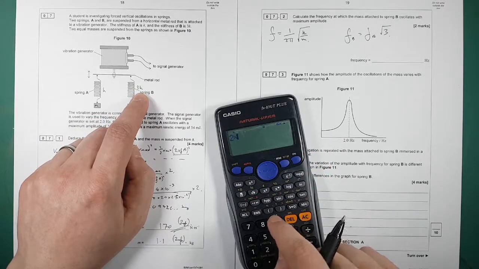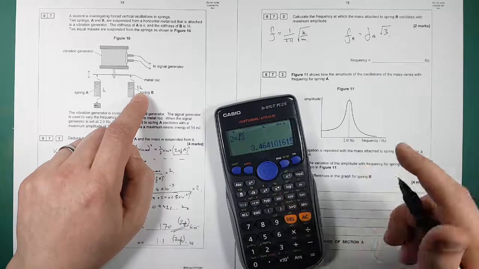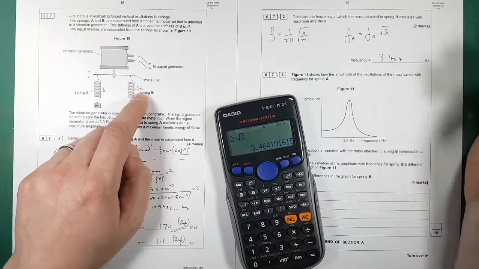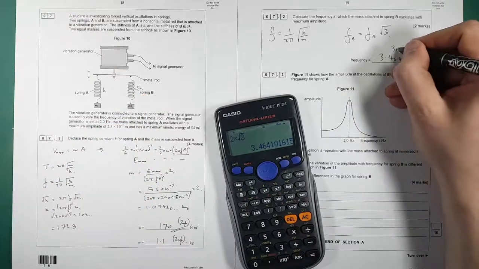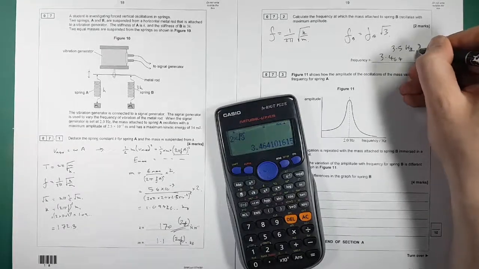So we've got 2 times by square root of 3 is equal to 3.464 hertz, or 3.5 hertz to 2 SF.